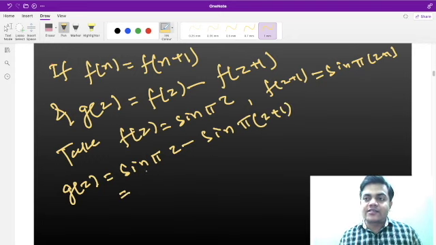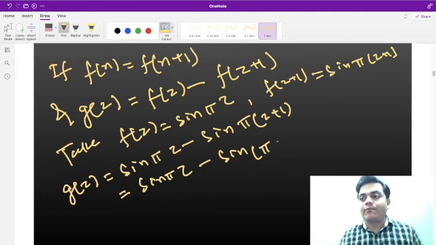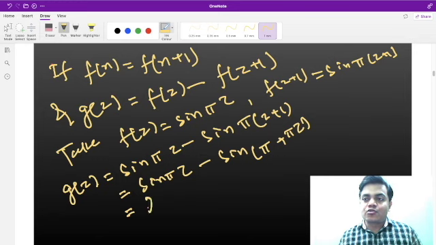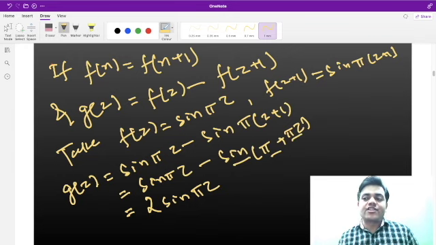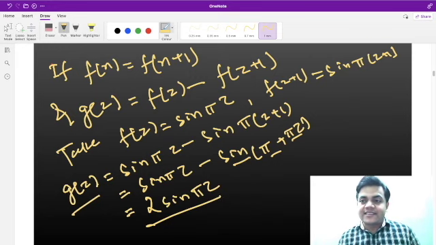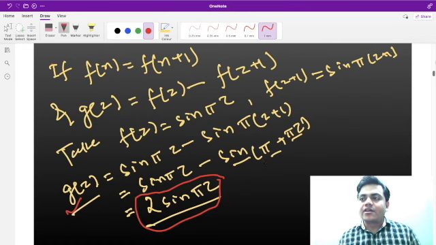So finally this is sine pi Z minus sine of pi plus pi Z. So it will become 2 sine pi Z. Do you know the reason? Because sine of pi plus theta is minus sine theta. So minus minus is plus. So your G of Z is 2 sine pi Z. So you can see that your G is not a constant function.